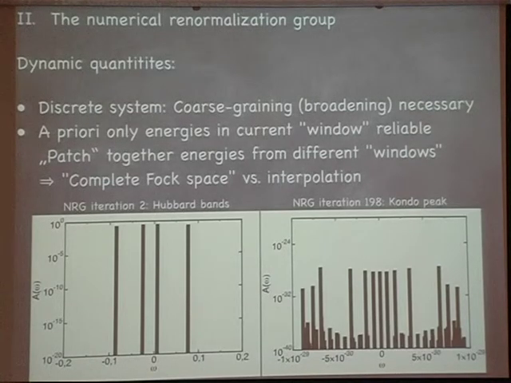In any case, if you just look at the raw data, for small iterations you could envisage the Hubbard bands, but for high iterations, around the Fermi energy, this is what NRG thinks is the Kondo peak. I wouldn't really identify any peak there, especially not a huge one. It's 10 to the minus 24.